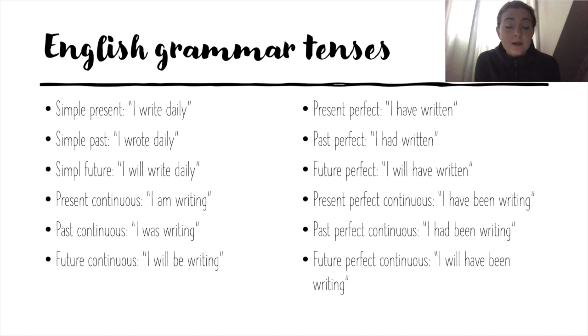So I have written my motivation letter for my job application. You could say it in this context, but it's more like you'll say when somebody asks you, did you write your motivation letter for the job application yet? You would say, yes, I have written my job application motivation letter.